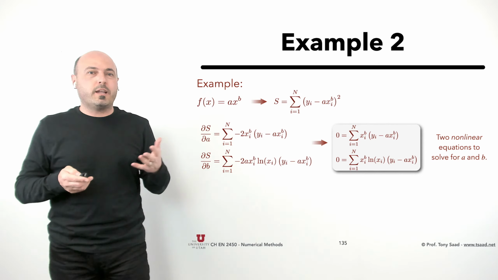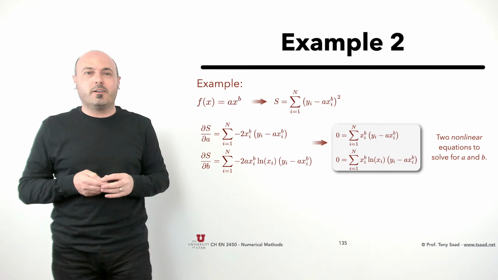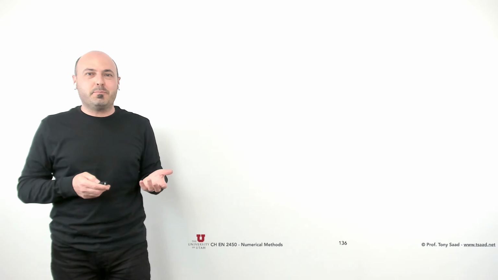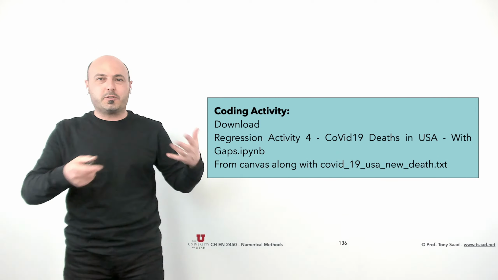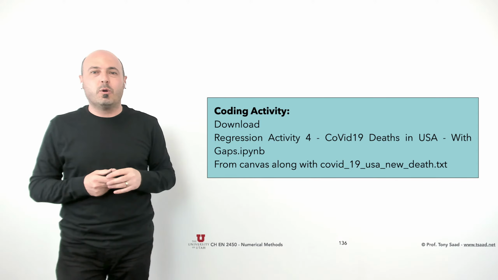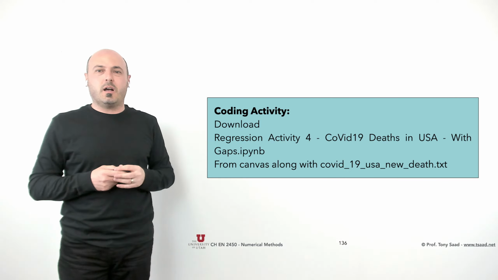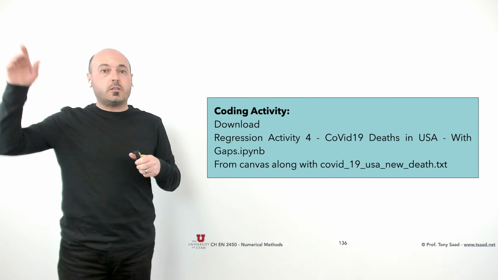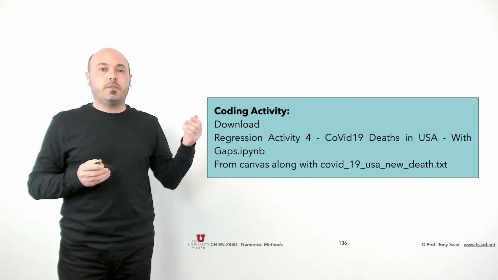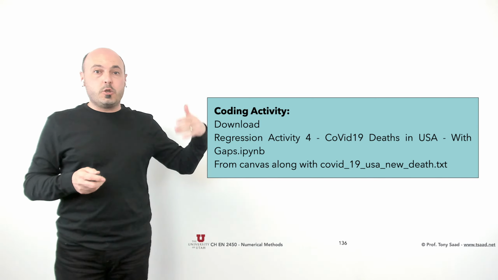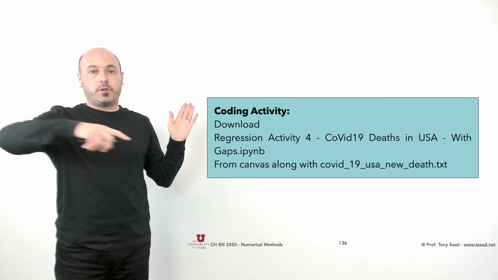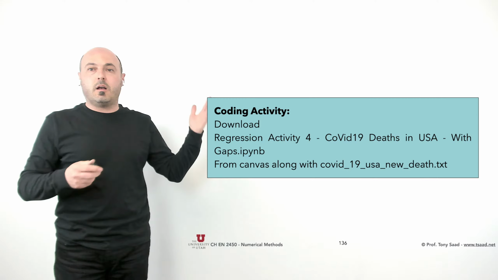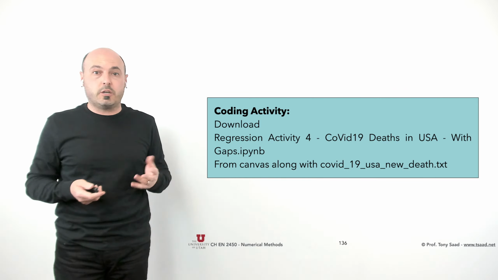I had one more example on COVID-19 because of the current situation. So go ahead and download this notebook, COVID-19 death in the USA. We're going to look at the trends of the total number of new deaths versus the number of days since we started recording those data.